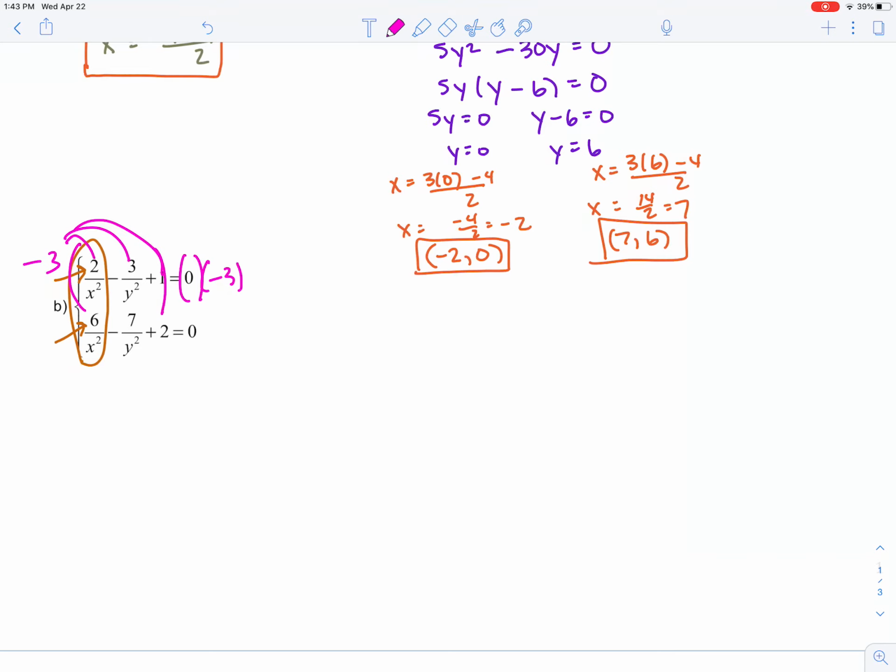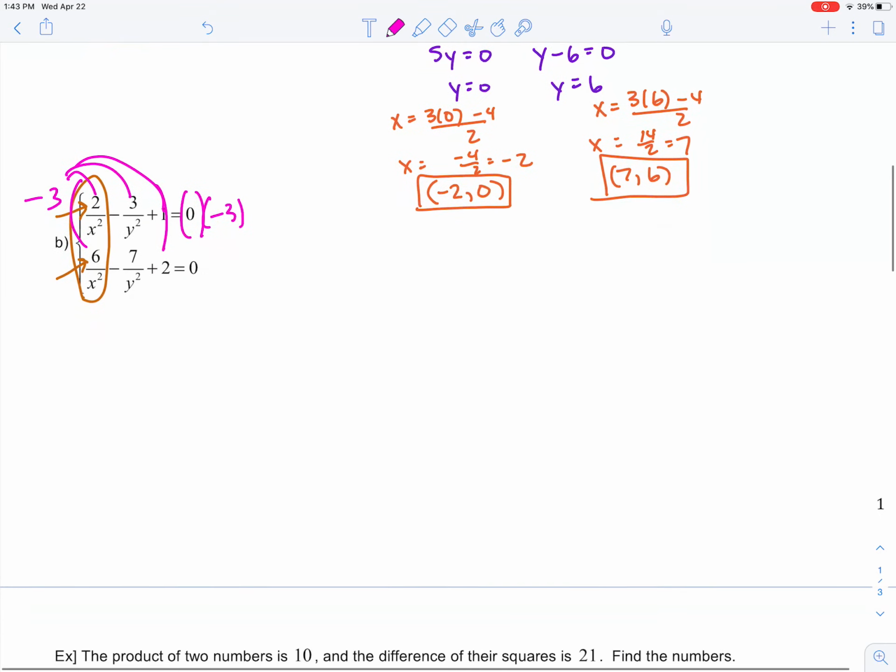So I'll distribute it here to all these terms, and then of course -3 times 0 is 0. So let me rewrite it over here. I have -6 over x squared plus 9 over y squared minus 3 equals 0. So I've multiplied every single term in that equation by -3.